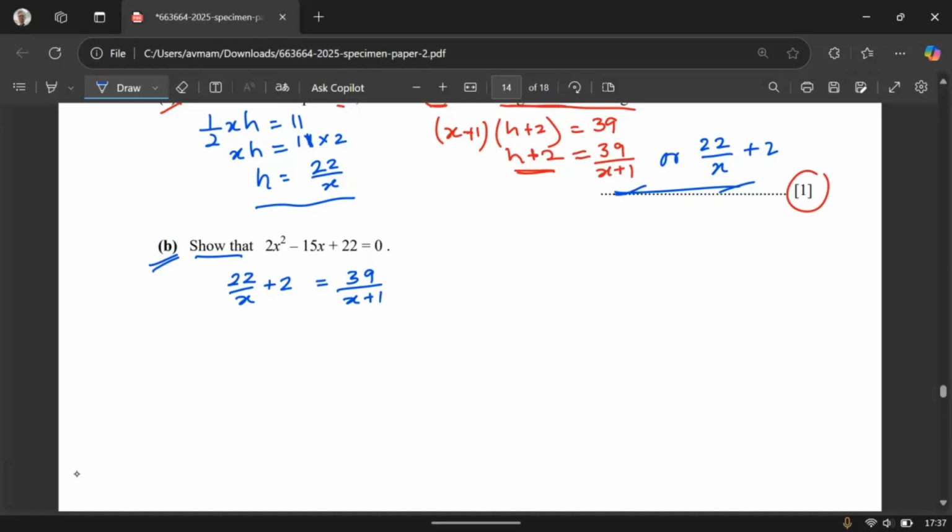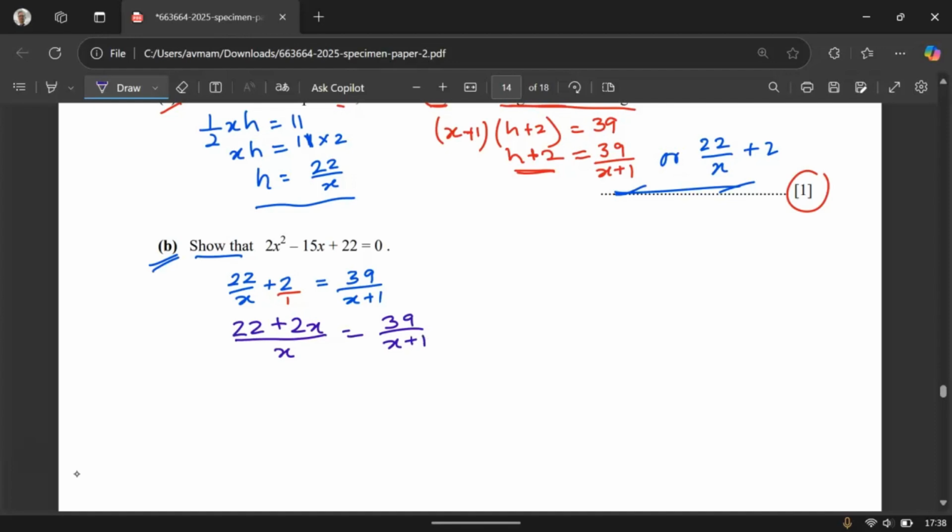Now on the left hand side you have 2 expressions. One is a fraction and the other one is a number. So a whole number has a denominator of 1 and the common denominator is x. So multiply 2 by x and 22 by 1. So we have 22 times 1 will give you 22 plus 2 times x will give you 2x. And then the common denominator is x, and that's equal to 39 over x plus 1.